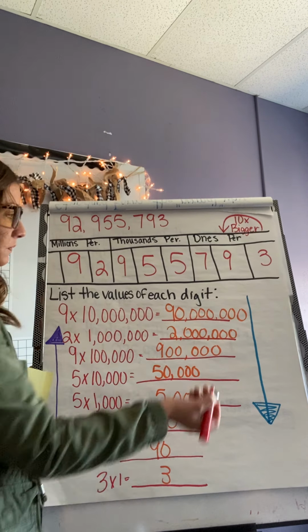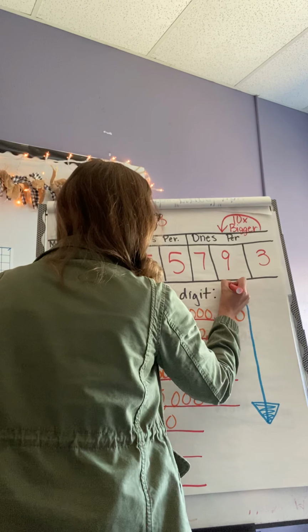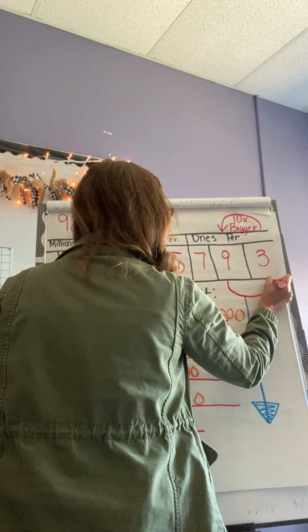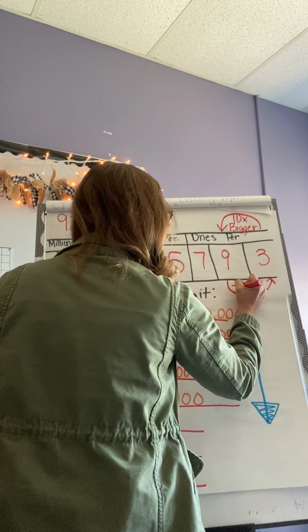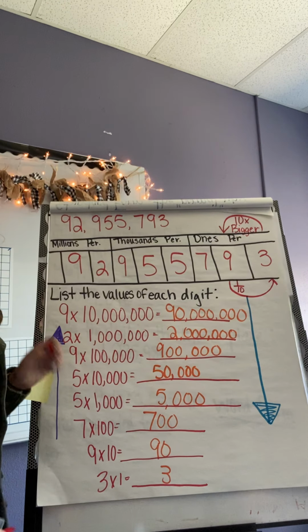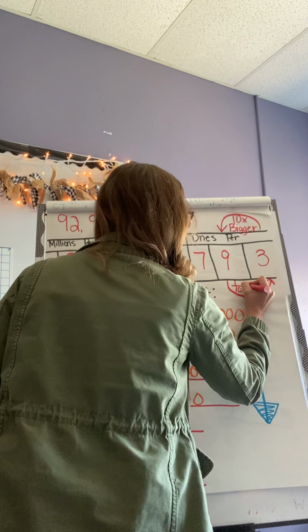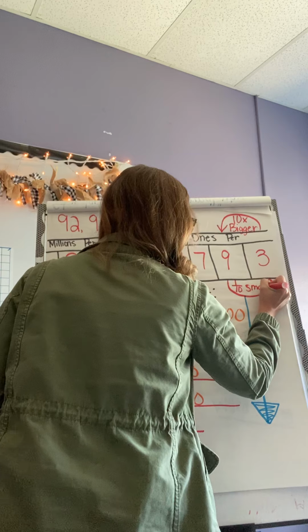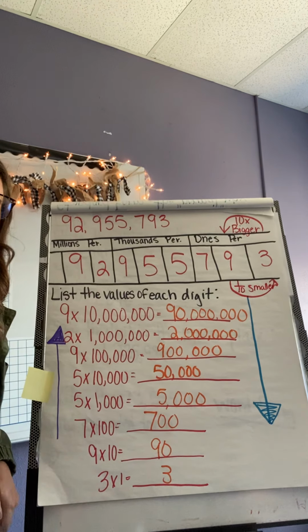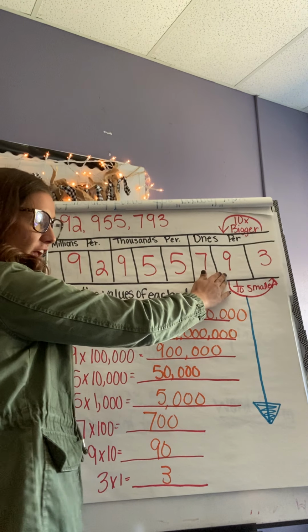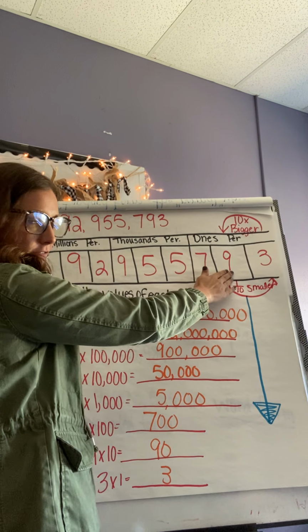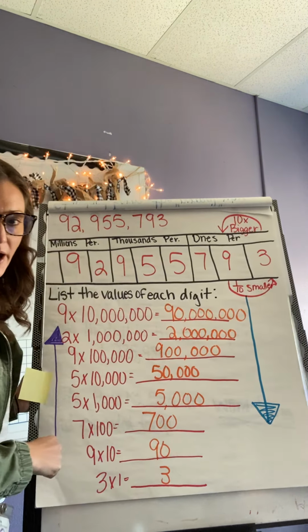So every time I move a place to the right, my value becomes 1/10 of the value before it. So it's 1/10 smaller. So it's important to remember that every time you move to the left, your digit has 10 times greater value than the one to the right.